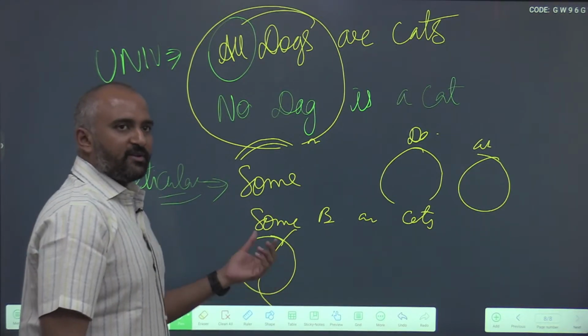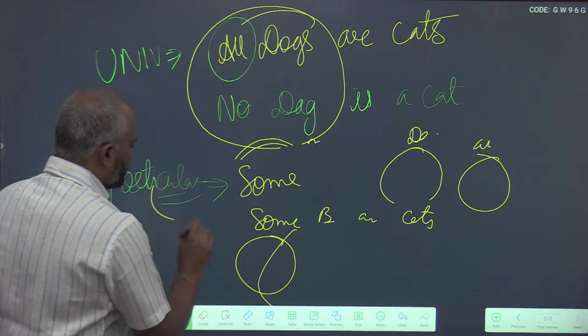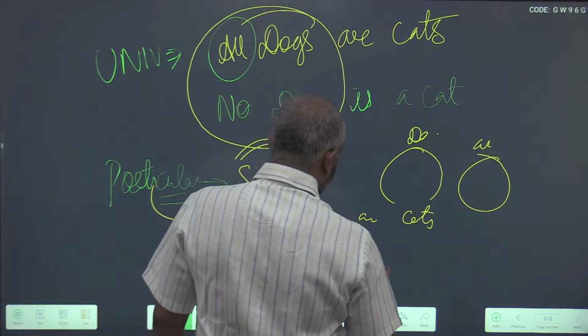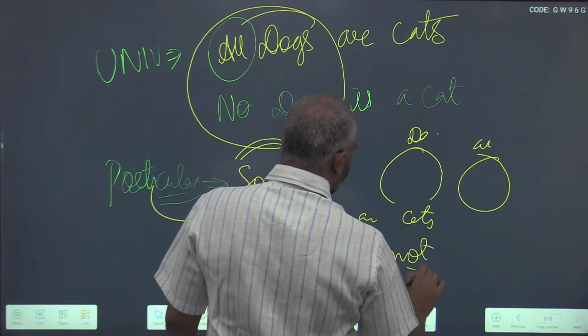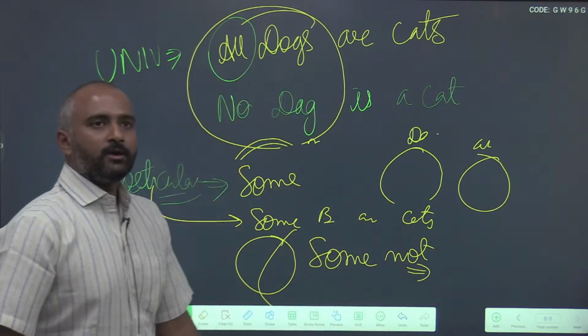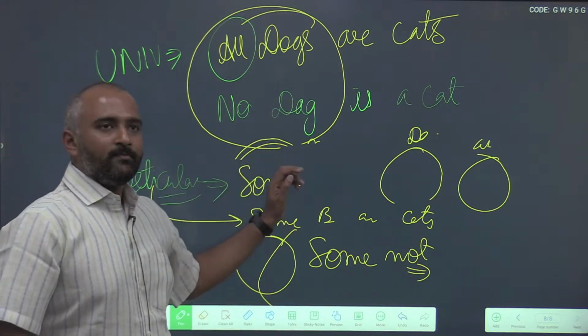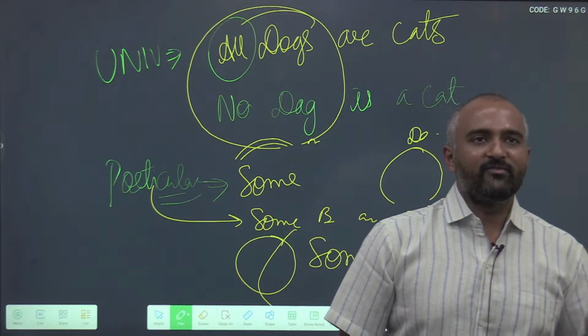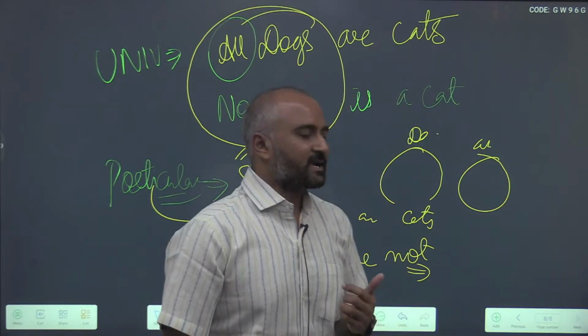I am referring to some of the bats. That's why this comes under particular. In the same way, some not. Clear until now? If it is universal, I am referring to the whole group. If it is particular, I am referring to a part of the group.